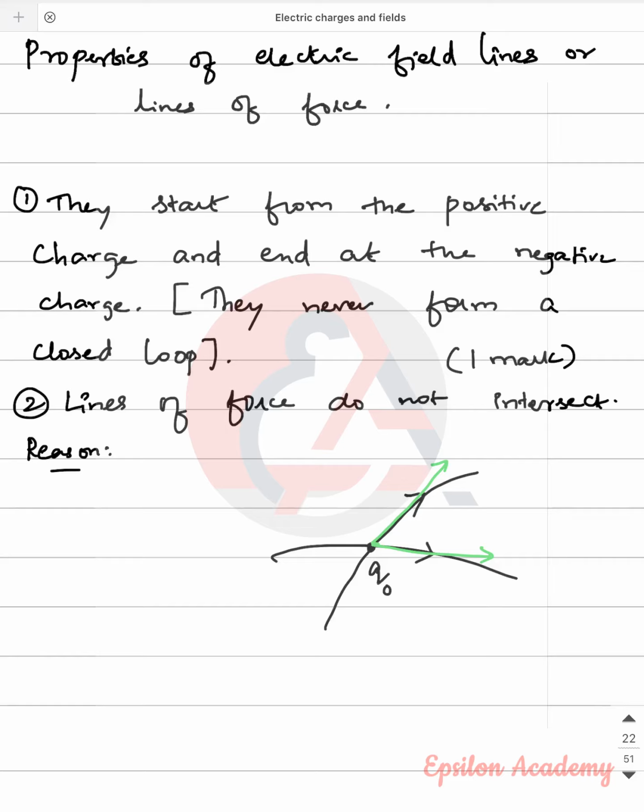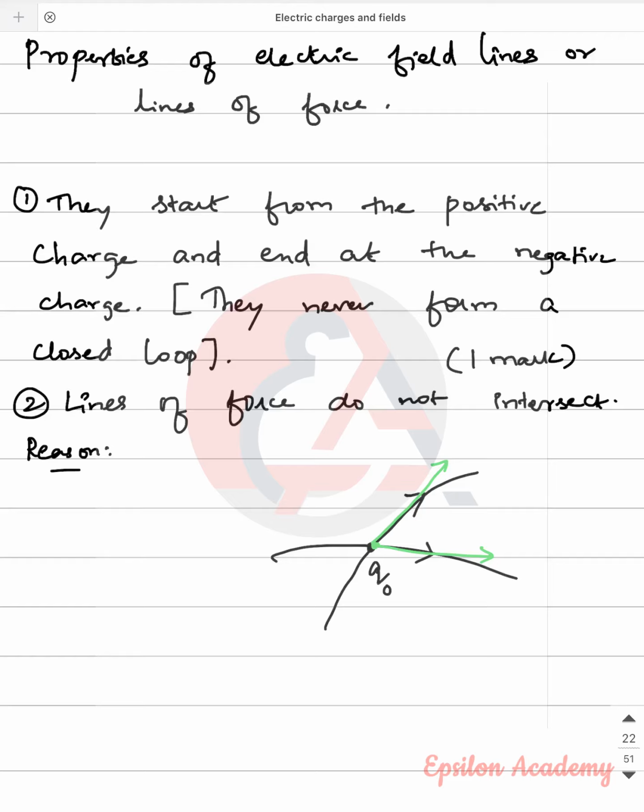They are trying to tell us that if you place a unit positive test charge at the point of intersection of these two curves, the test charge would start moving in both the directions simultaneously, which is going to be absurd, which is not possible, right? Because it is not possible for a same particle to travel in two different directions at the same instant, right?